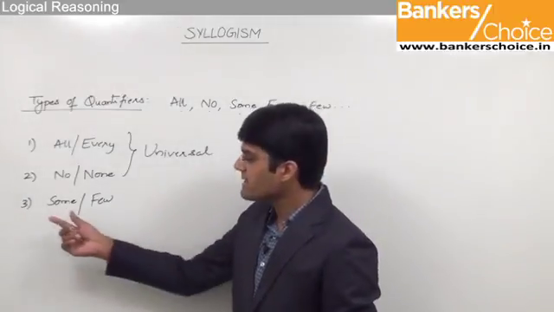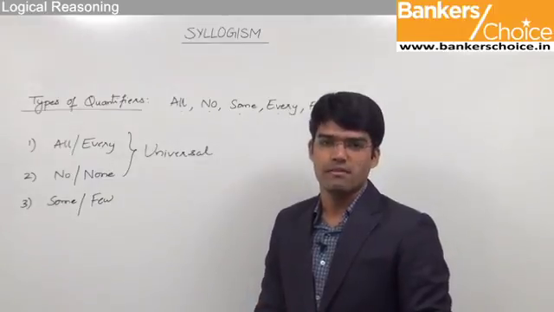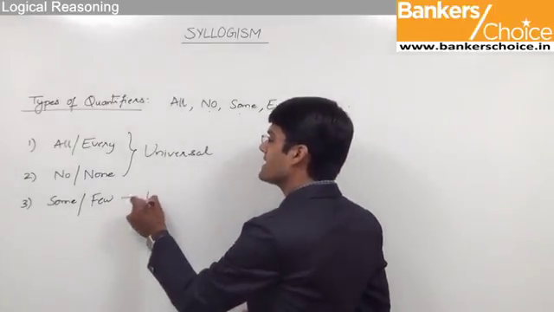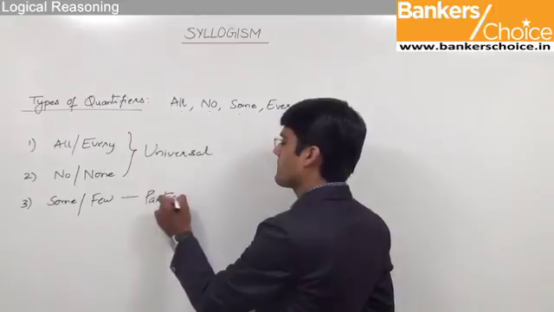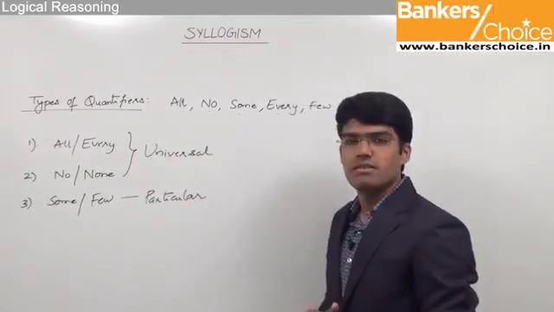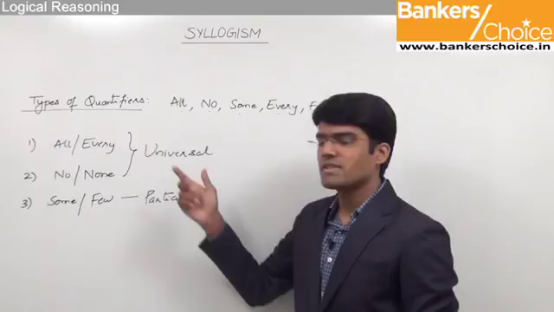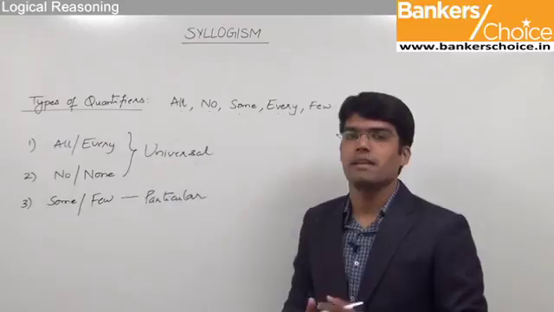So the quantifier some or few refers to a certain number of objects in the given set, and it is generally referred as a particular quantifier. Right? So we have two types of quantifiers in general: universal quantifiers or particular quantifiers. All and no come under universal quantifier as it refers to every object of the given set, and some or few come under particular quantifier as it refers to only a particular number of objects in the given set.